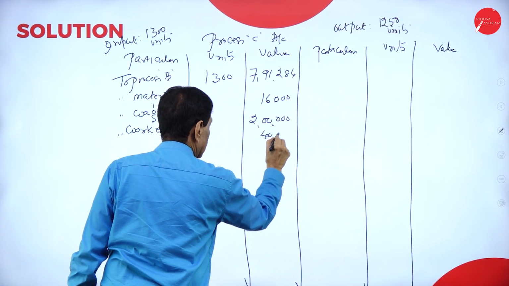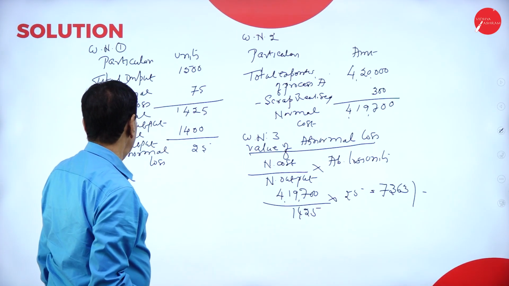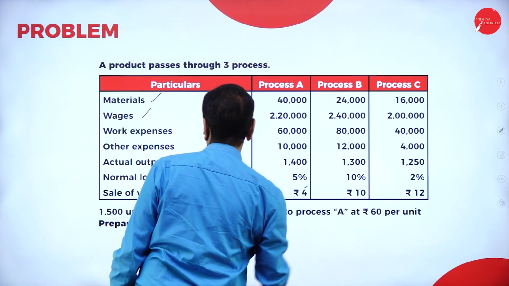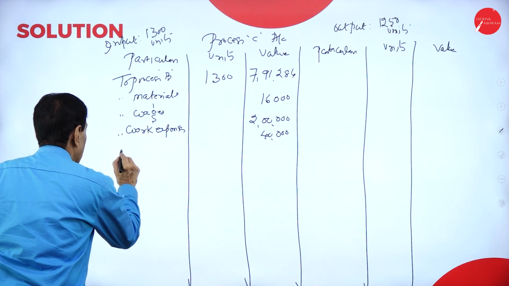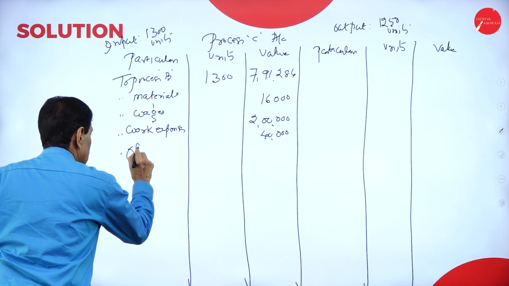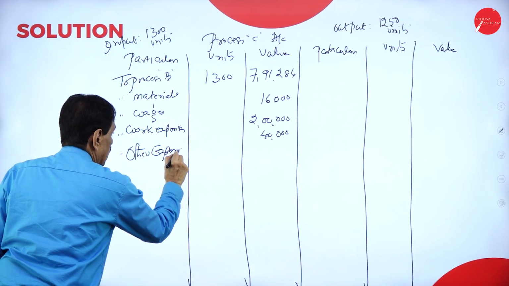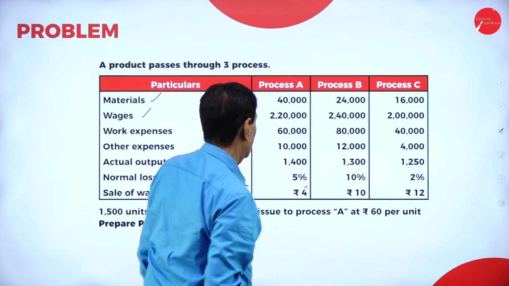Then other expenses, 4,000. Other expenses, 4,000.